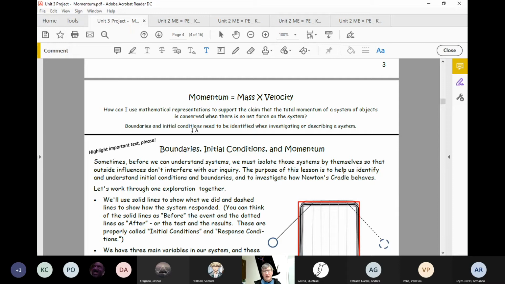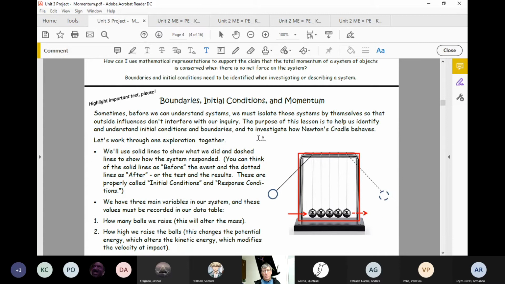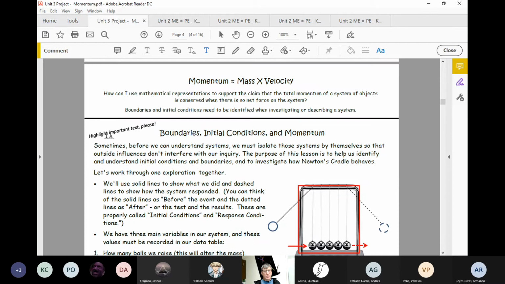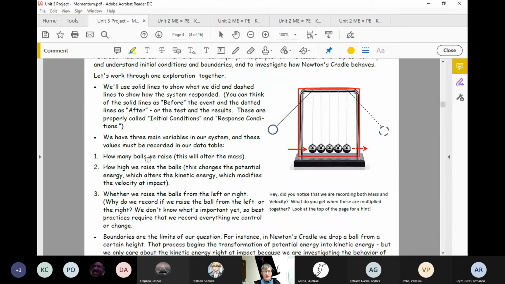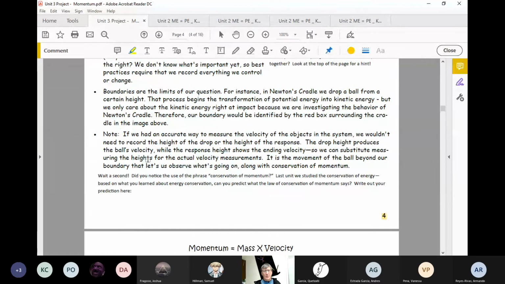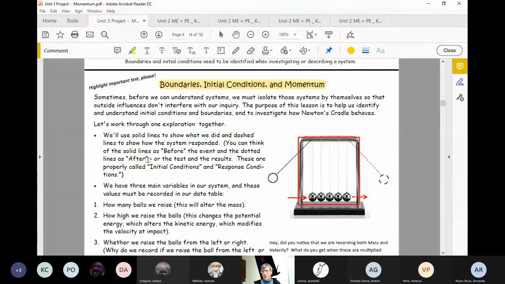And a reminder that we need to look at boundaries and initial conditions. So what I would like you to do is take a couple of minutes and highlight the important text on this page. All right? So just finish this page and then give me a thumbs up so that I know we're ready to move on. Highlight the important text on the entire page 4.